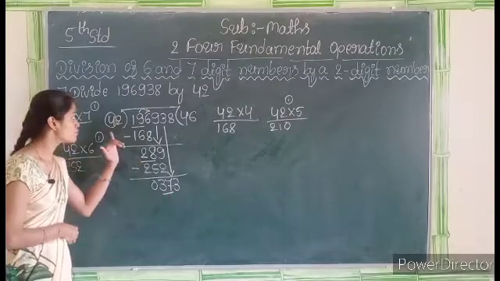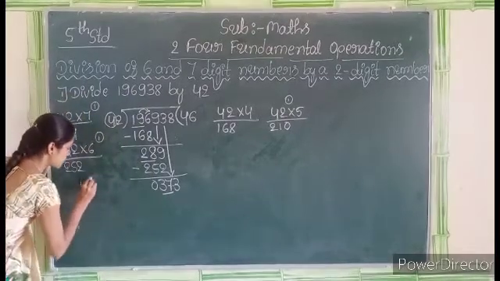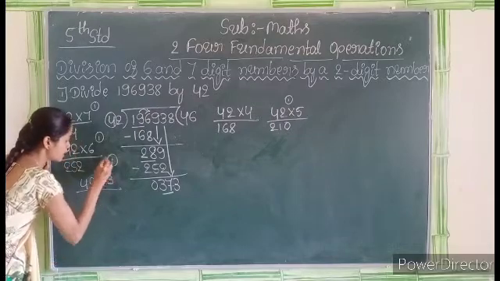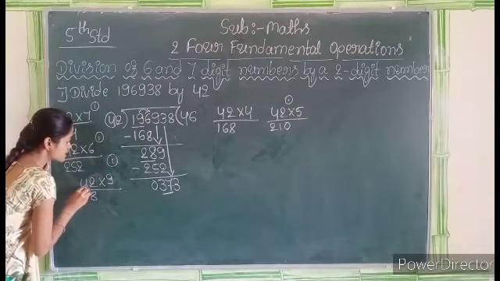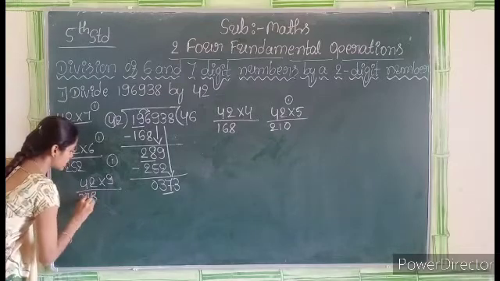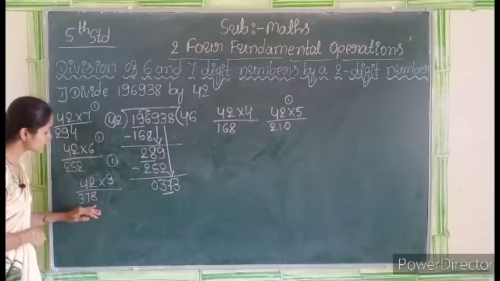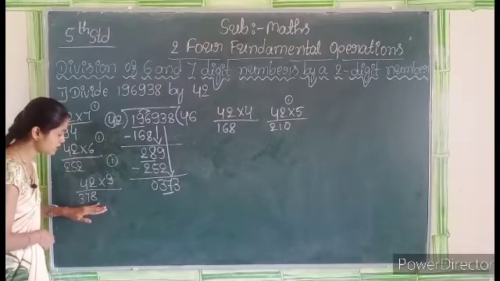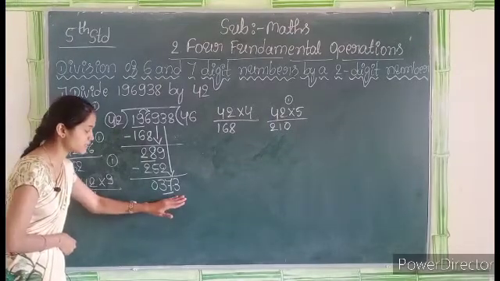Let's check with 42 9s are. 9 2s are 18, then 1 carry, 9 4s are 36, 36 plus 1, 37, we get 378. But this 378 is greater than 373.